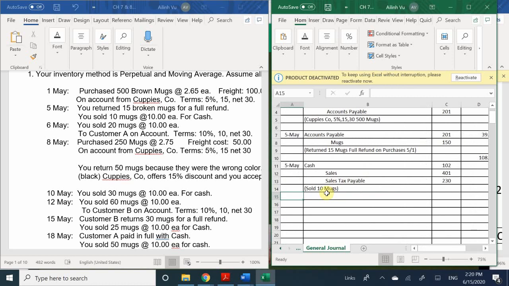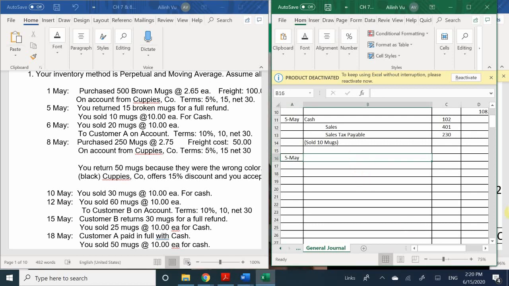What do we do next? No, we have to adjust the inventory. We have 10 less mugs now. Exactly. So we need to adjust inventory. And then, therefore, what account do we need to have? Inventory. Okay, that's one of the accounts. Mugs, okay. What's our debit?